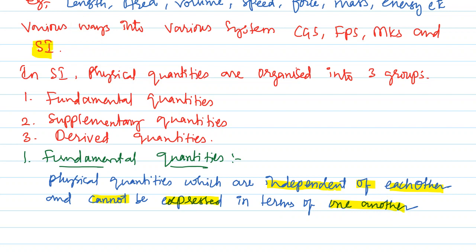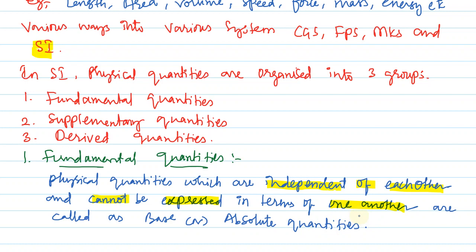All such quantities are called fundamental quantities, or these are also called base quantities, or absolute quantities. You can call them fundamental, base or absolute quantities.